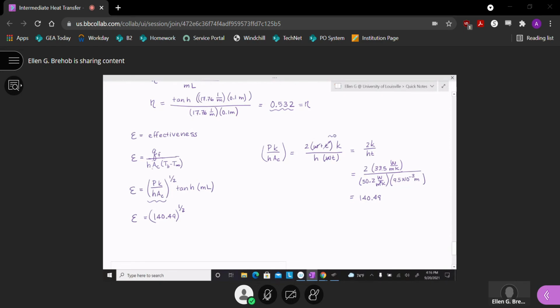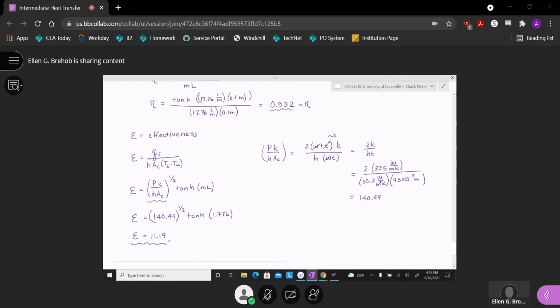And then hyperbolic tangent, and I'm just going to put this combination here. It was 1.76. And we got an effectiveness of 11.2.